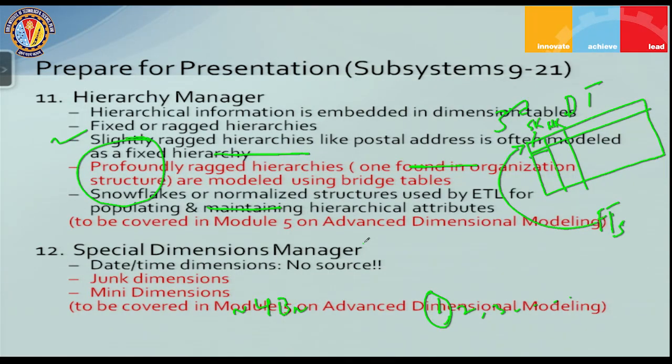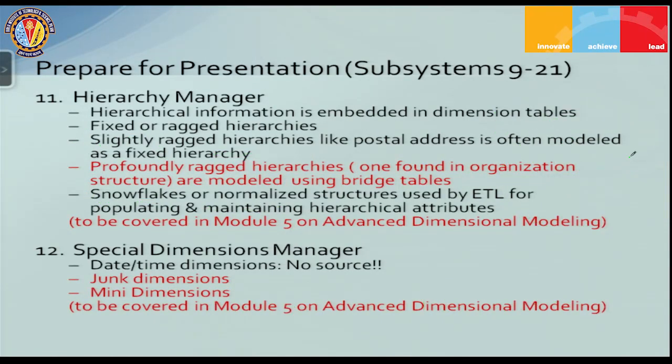So dimension tables also contain information about hierarchies. Say, for example, if you have a product dimension, and I keep referring to the product dimension because this is one that we understand very, very easily. It will have a hierarchy.